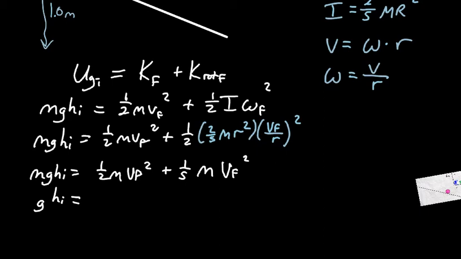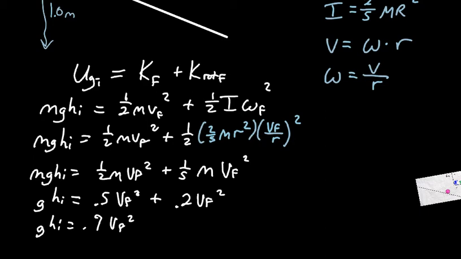Or, you know what, let's just use a decimal. So this is 0.5 vf squared, and 1/5, that's 0.2 vf squared. So we end up with 0.7 vf squared. So g hi equals 0.7 vf squared.